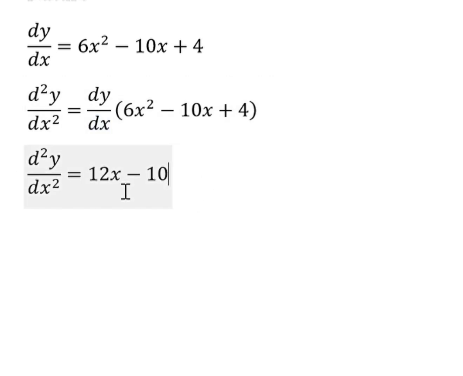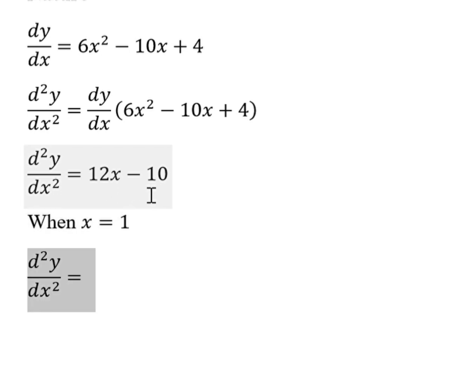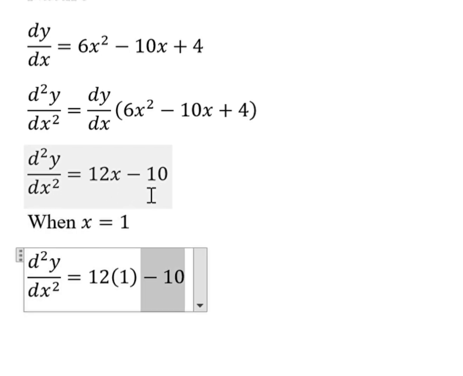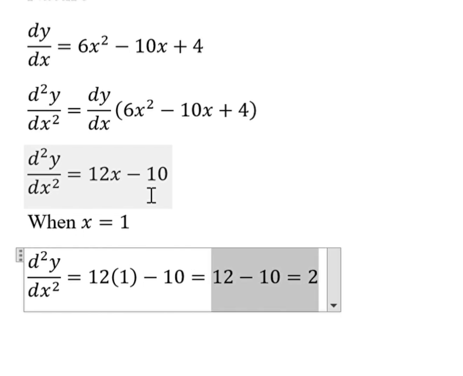The first point we got, where the stationary point is (1, 3). So the x coordinate is 1. Take that x coordinate and say when x is equal to 1, the second derivative will be, substitute this 1 in this x, we shall have 12 into 1 minus 10, and that gives us 2. That's 12 minus 10, giving us 2.